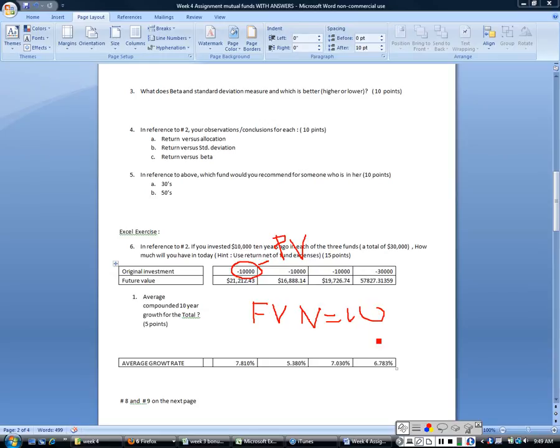And you're going to calculate for the rate. So when you go into Excel, you would find the formula that says rate, and you plug in the future value, which is this number. You're calculating for the future value here, which is this number that is going to come up.